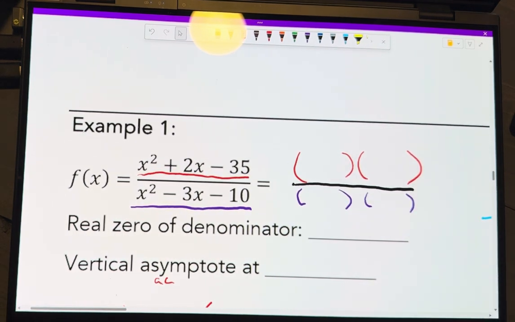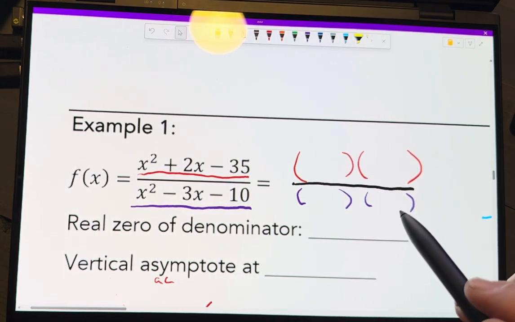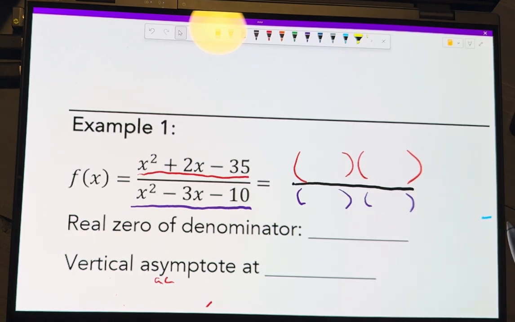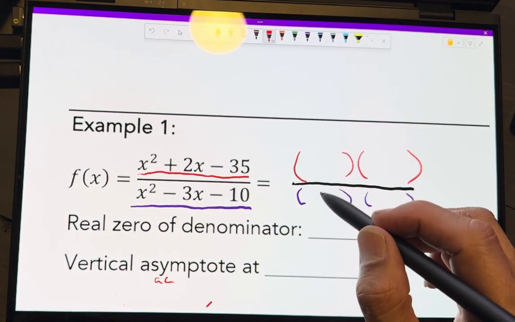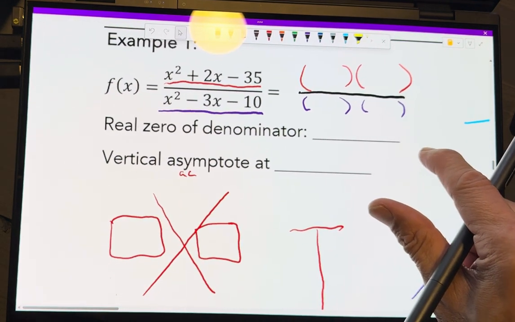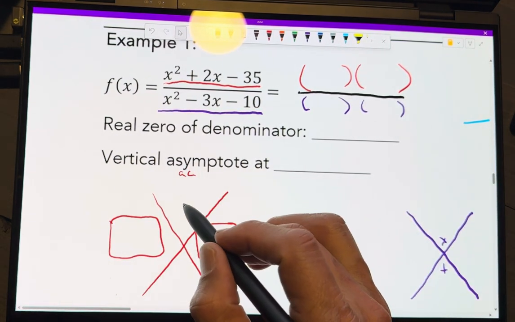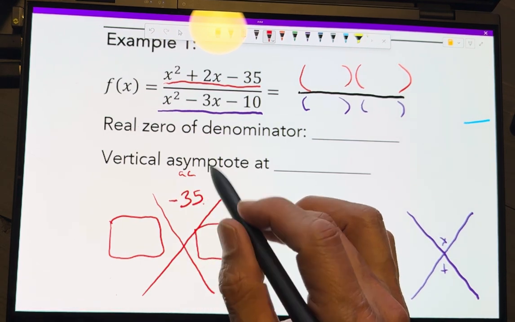So how do we find our zeros? Well, first we have to factor the numerator and denominator. All right, so using the x method again, 1 times negative 35 is negative 35.